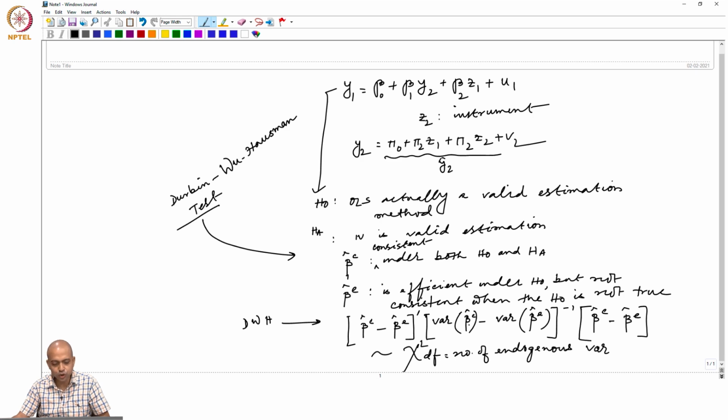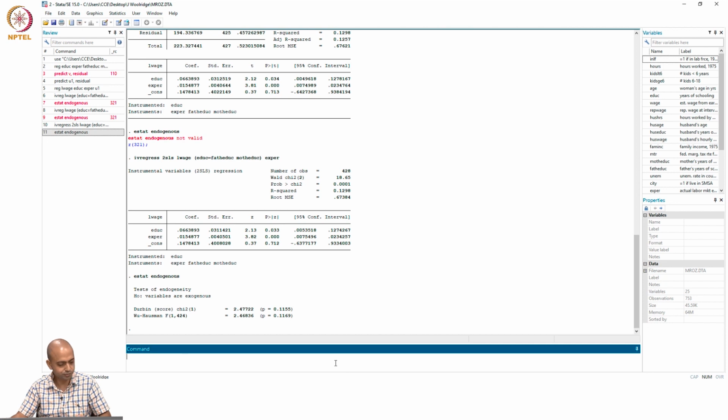This logic we can also implement using a Stata command, and we will now see how to do it. Let us say ivreg lwage, then education equals father's education, mother's education, then experience.